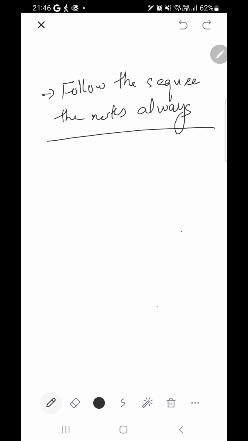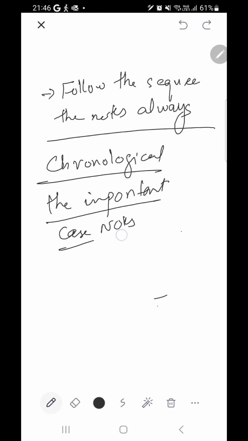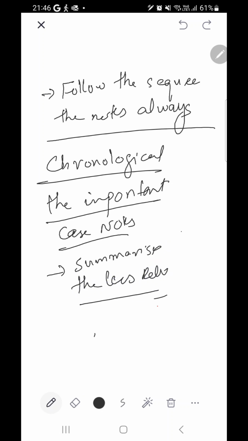So it's not the case always that you can follow chronological sequence. You must understand the important case notes, and you have to summarize, as we discussed time and again, the less relevant details so that you can compose the letter.